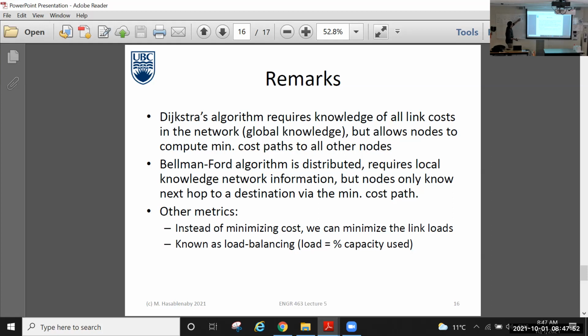It will be 3 plus the cost of 2, which is 3. So the minimum between 3 via 3 and 6 via 2, which one will we select? 3 via 3. And for sure, if we select 4, nothing will be changed as we already visited 1, 3, and 2.